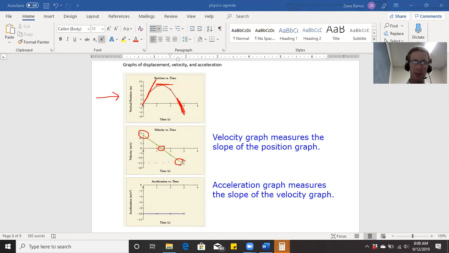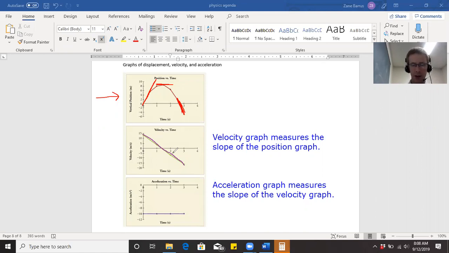Now let's talk about the acceleration. We said the acceleration measures the slope of the velocity graph. Well, the velocity graph is a straight line right here. So if you were to calculate that slope, and you can do that using techniques you learned in Algebra 1, remember the equation that says slope is equal to y2 minus y1 over x2 minus x1?